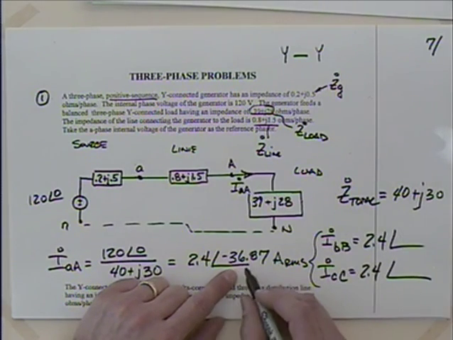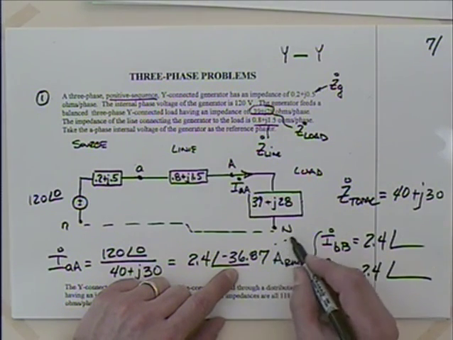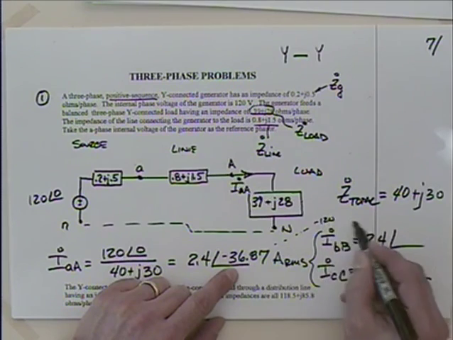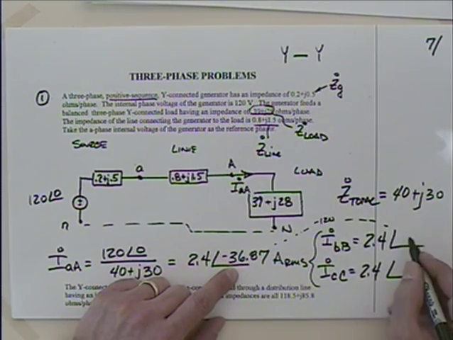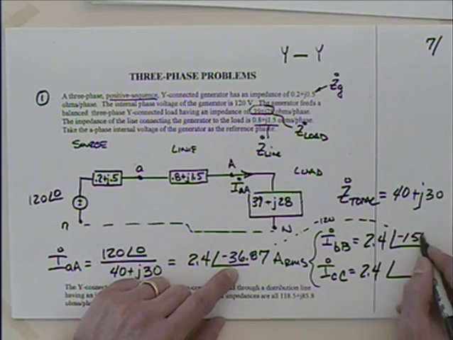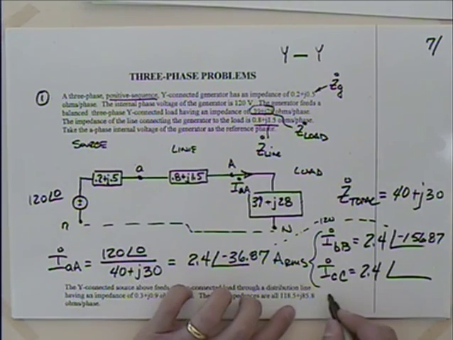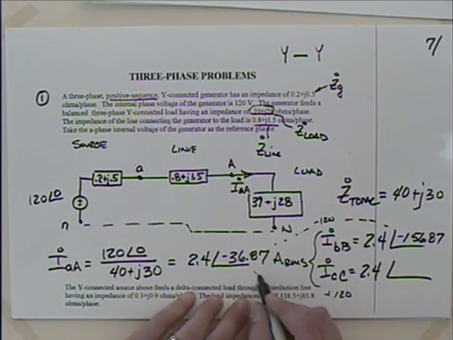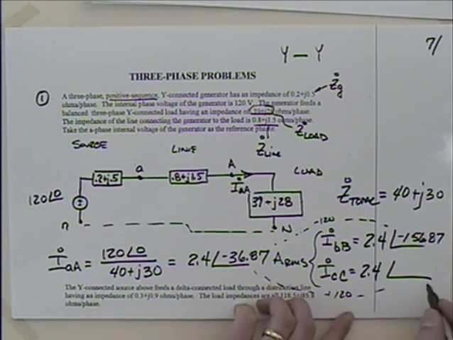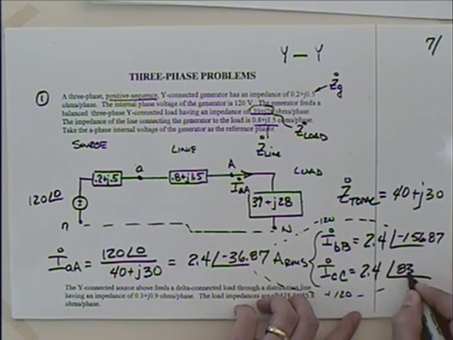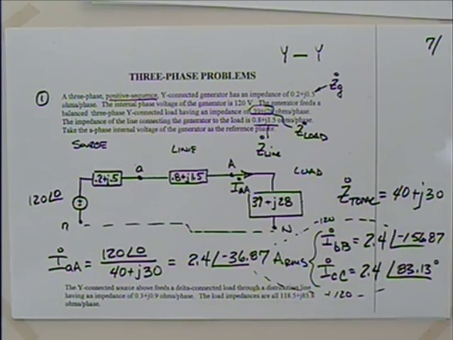So if I subtract 120 from this, so minus 120, lands us down here at minus 156.87. I have too many significant figures, but that's fine. And then over here, what am I going to do? I'm going to add 120. Where's that take me? 83.13. And again, those are amps RMS.